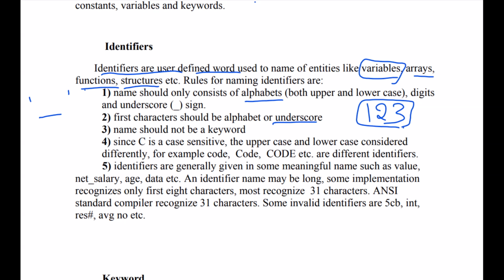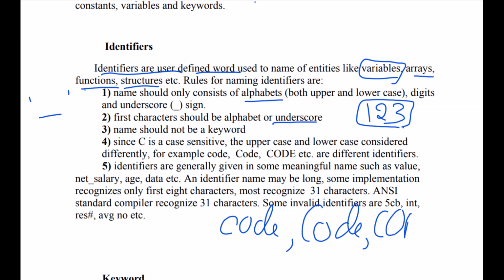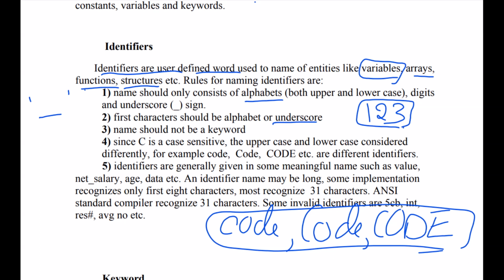Since C is case sensitive, uppercase and lowercase are considered differently. For example, Code and code are different from each other. Identifiers are generally given meaningful names such as value, net salary, age, data, etc. An identifier name may be long.